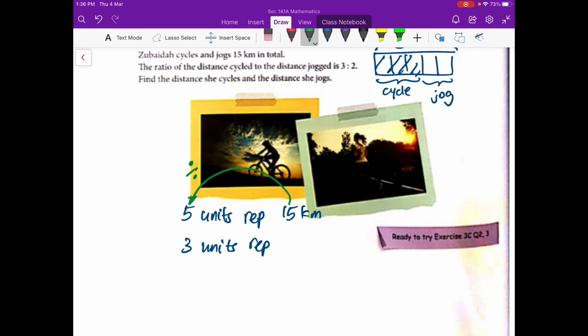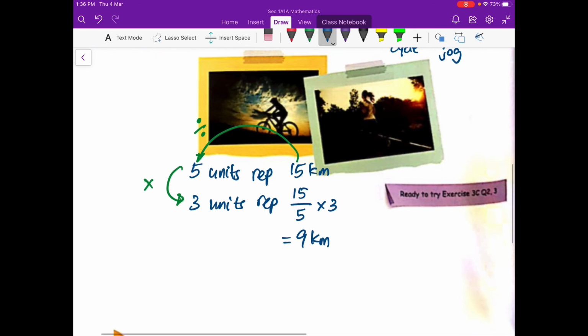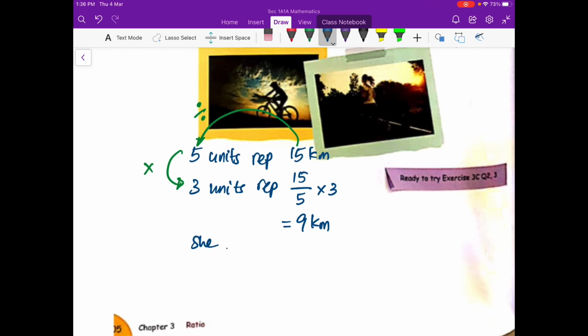So divide over here, then multiply. 15 over 5 times 3, leaving us with 9 kilometers. So these 3 units represent the cycle. She cycled 9 kilometers.